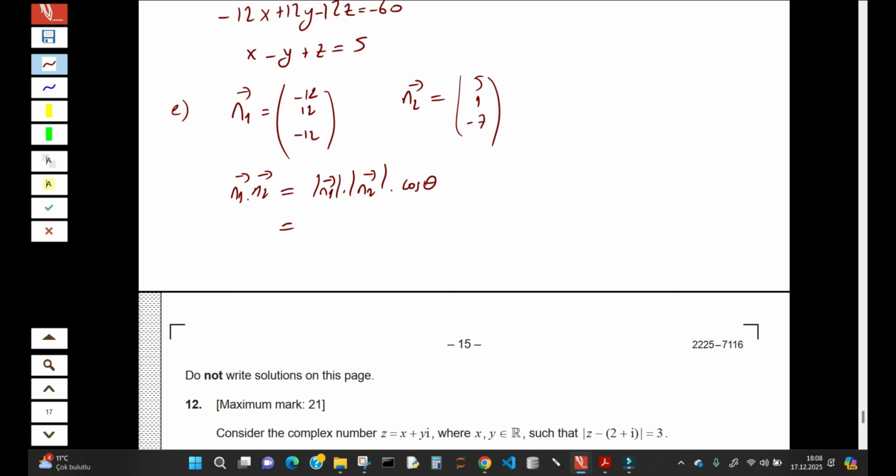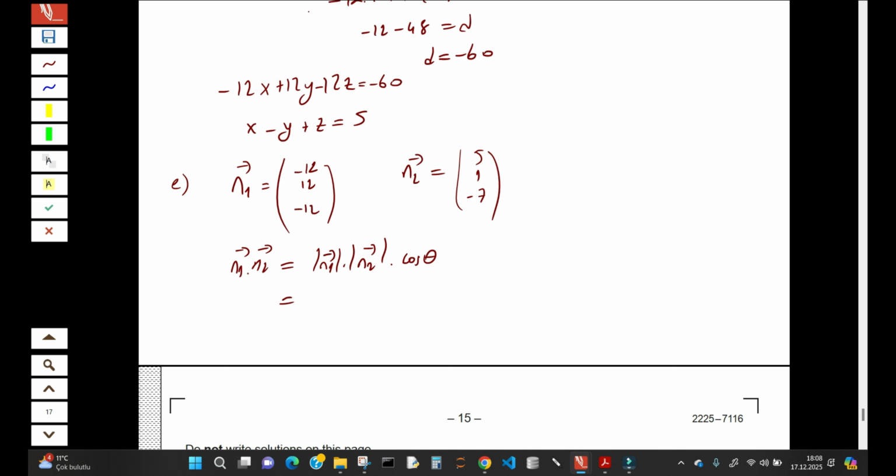The scalar product of these two vectors is, multiplying the components, minus 60 plus 12 plus 84, which equals the modulus of n1, which we already found in the previous question, 12 square root of 3, times the modulus of this vector, square root of 25, 1, 49. I just square all these numbers.